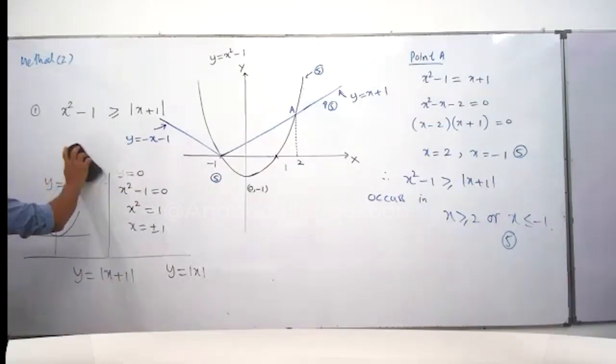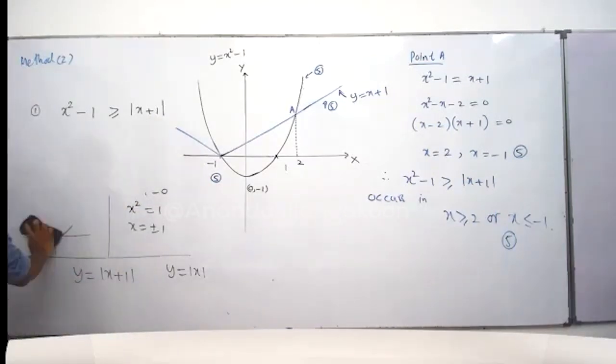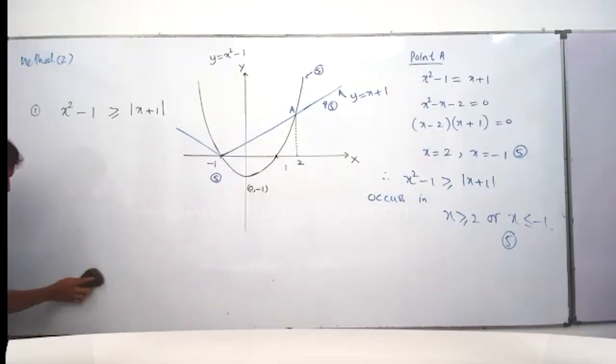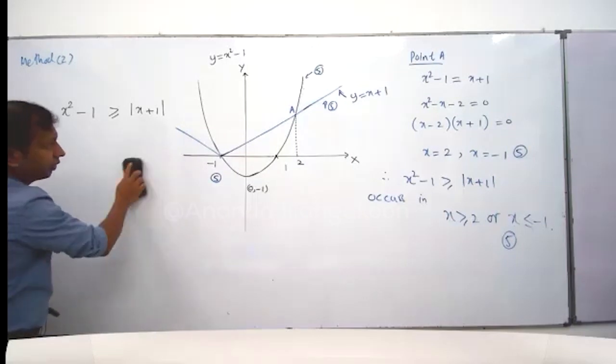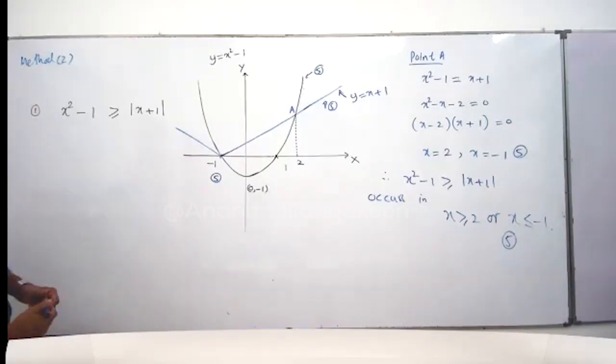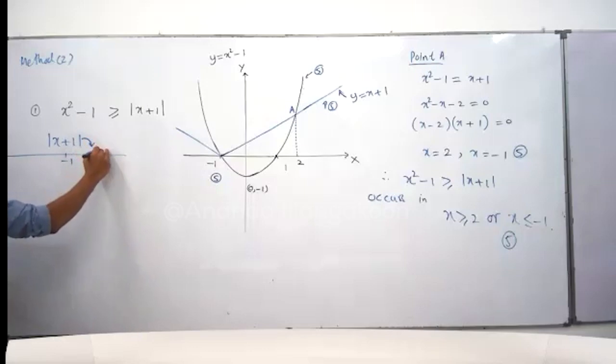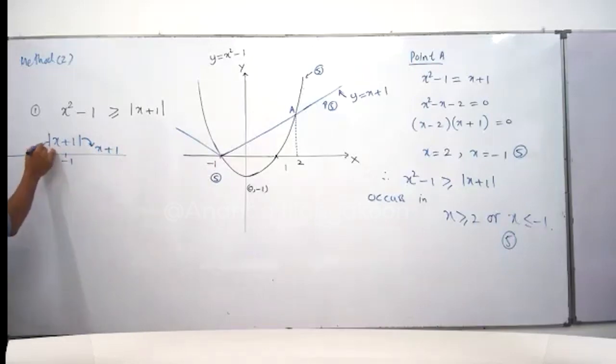In method 2, I am going to define this mod x plus 1. Now, when you define mod x plus 1, that changes at minus 1: to the right of this it is x plus 1, and to the left of this it is minus x minus 1.